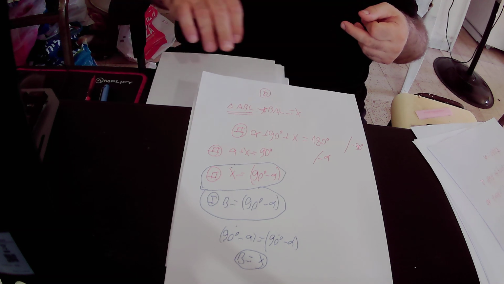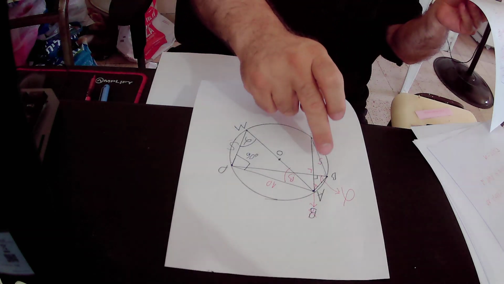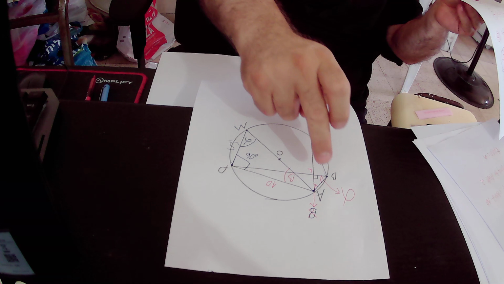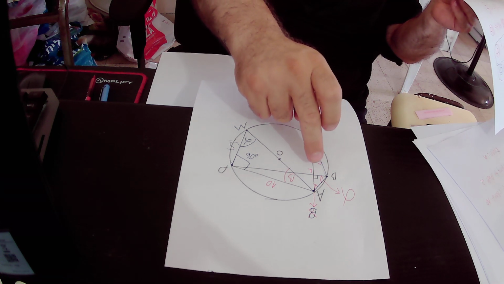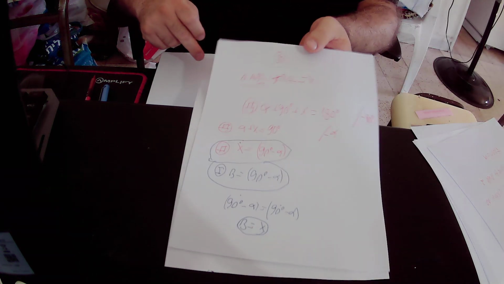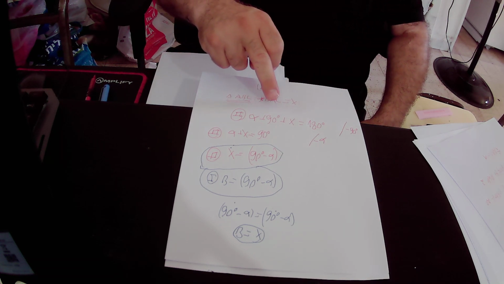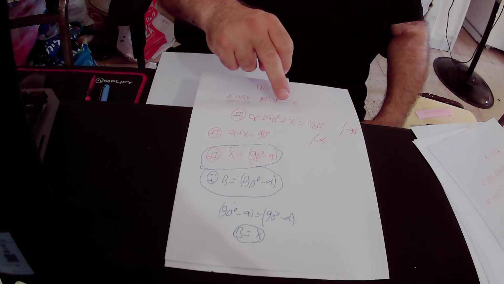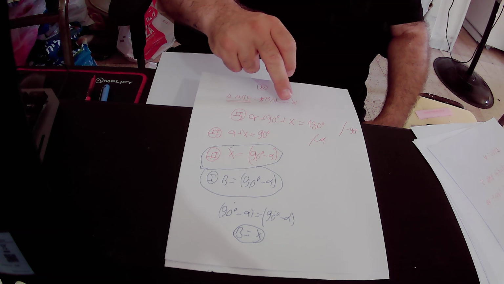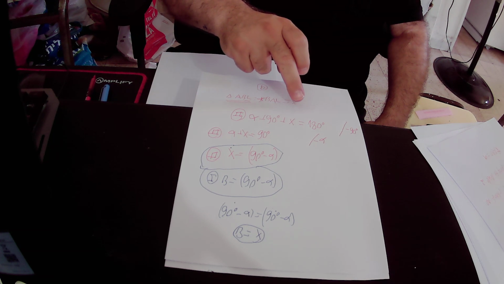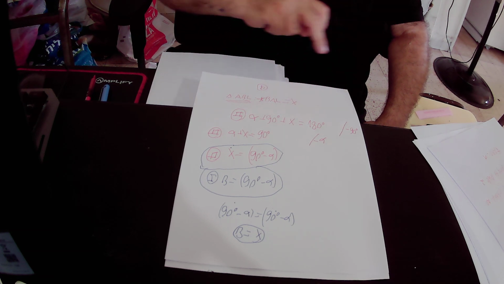So actually alpha plus x plus 90 degrees equals 180 degrees. That is the second equation. Alpha plus 90 degrees plus x, that is the sum of the angles in the right triangle ABL, equals 180 degrees.